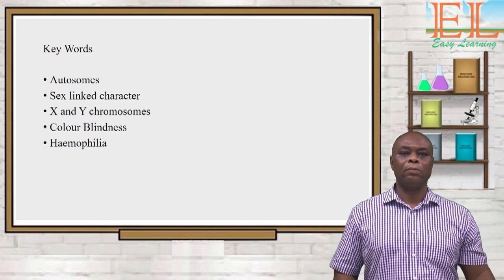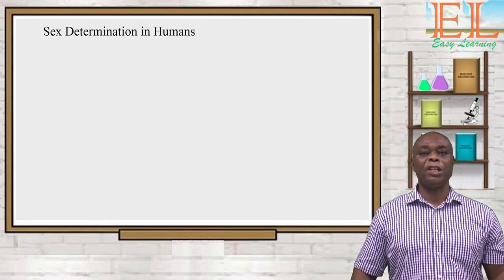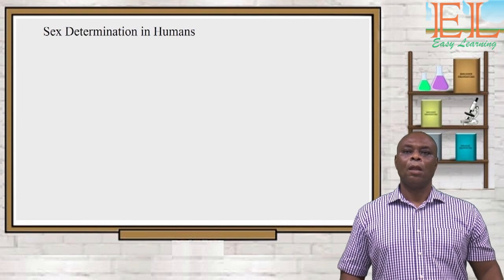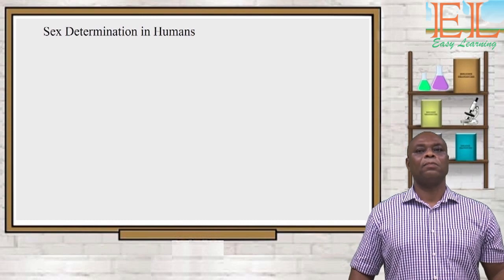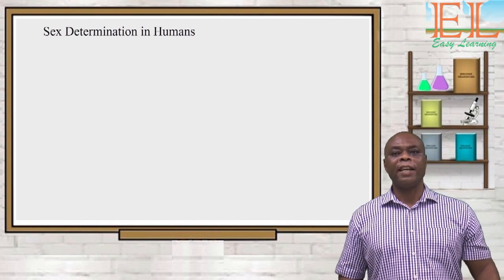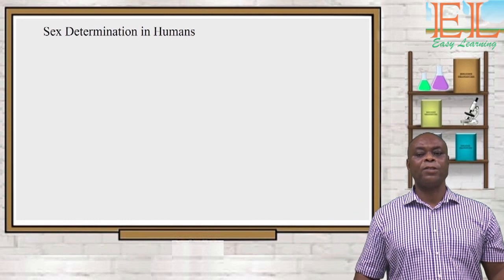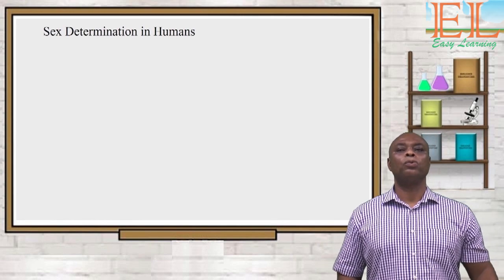Now let's begin with sex determination in humans. The body of humans have cells, and in the nucleus of the cells are 23 pairs of chromosomes.